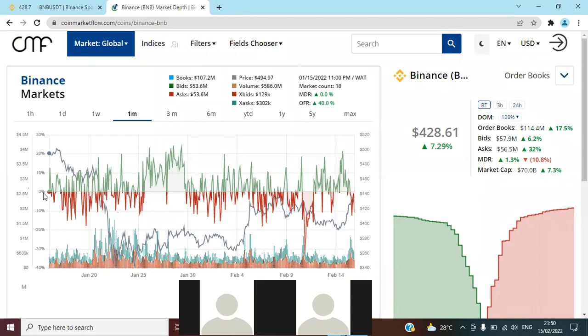So we can say that this is also the price of BNB, okay? The price of BNB. So from here upward is MDR positive. This is on the 1 day chart.